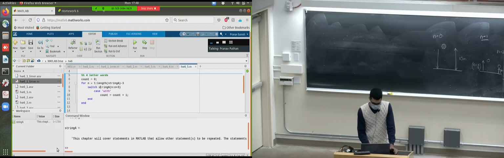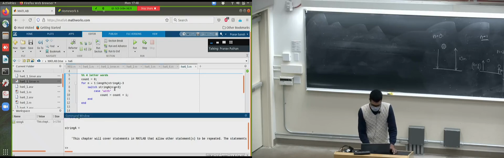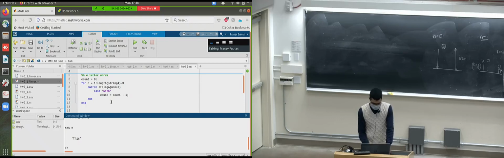What do I mean by that? Let's say, for example, for n equals 1, string A of n equals 1 would be 1 to 4, right? So that is the first word, this.